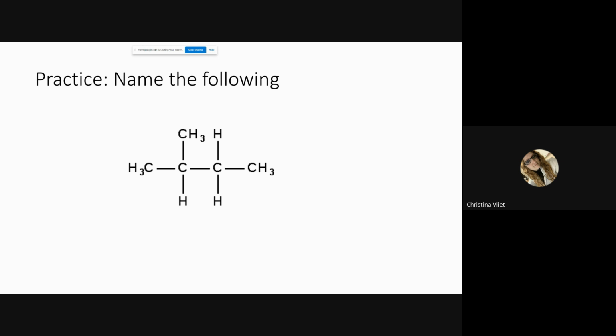Choose a color, and the first thing you're going to want to do is put a line through your longest continuous carbon chain. How many carbons can you get in a row here? I agree, 4. First few examples will be simple to spot, then it will get more complicated.